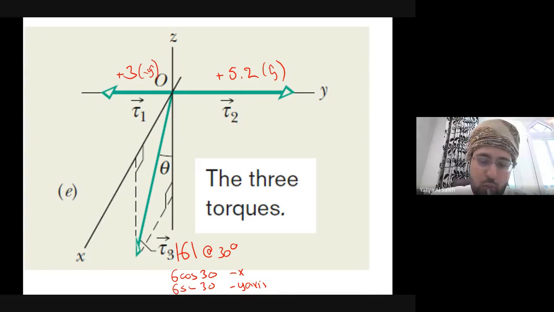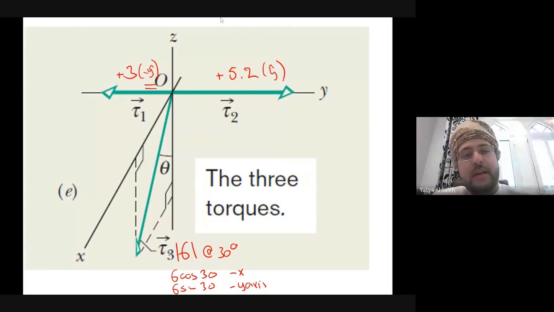Okay. Why y direction? Which in y direction, Mariam? No, it's in the minus y direction, not y.